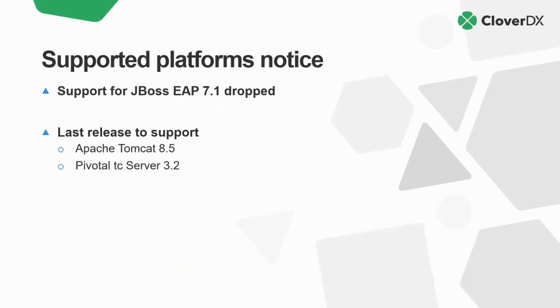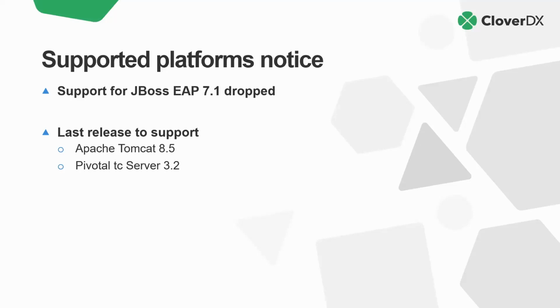Now there's some notice. We dropped support for JBoss Enterprise Application Platform 7.1. We still support 7.2, so if you are on 7.1, upgrade before you upgrade Clover. Otherwise, you'll be on an unsupported platform.